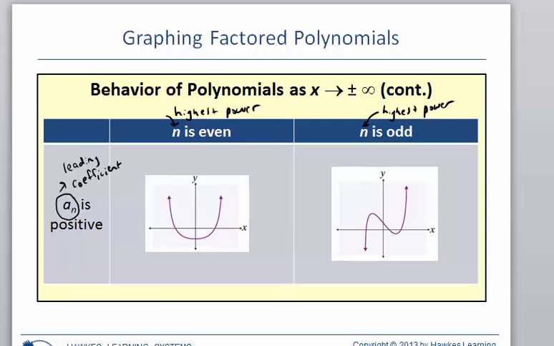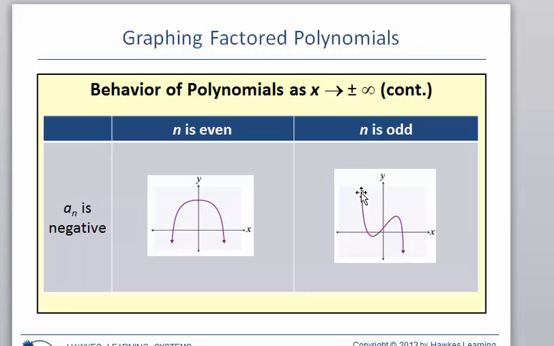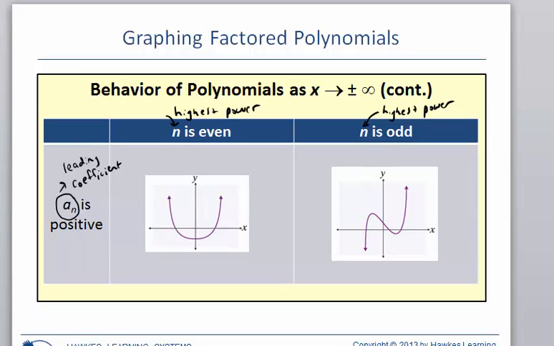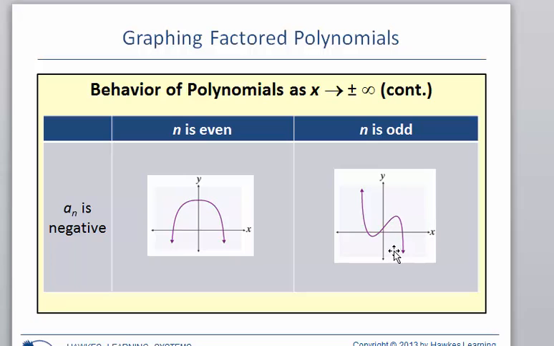Similarly, if it's positive and the left-hand side goes down, then when it becomes negative, that left-hand side goes up. And flipping back once more, if the a sub n is positive, the right-hand side goes up. You put a negative on it, that right-hand side is going to go down.